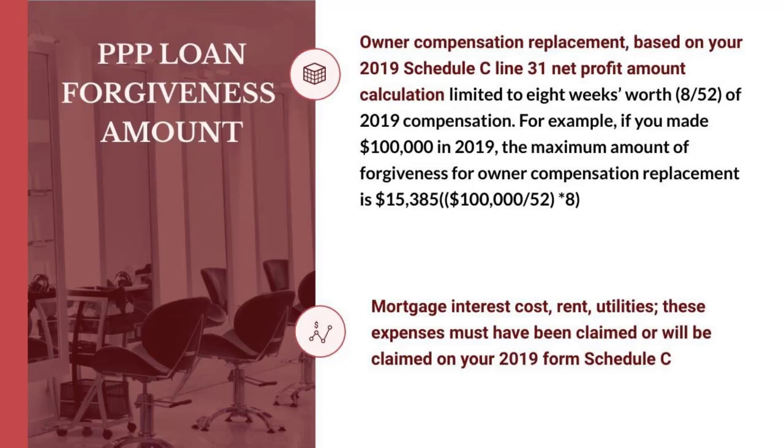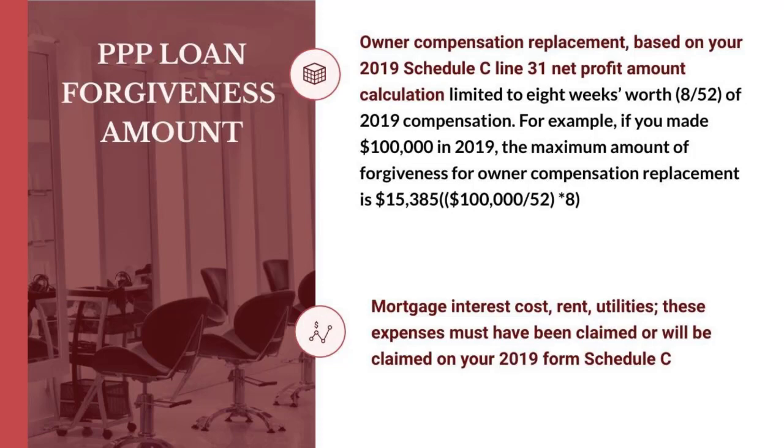And only 8 weeks worth of payments are forgiven. So you divide by 52 and then multiply the result by 8. So $100,000 divided by 52 times 8 is $15,385. That is the dollar amount that is going to be forgiven for your owner's compensation.